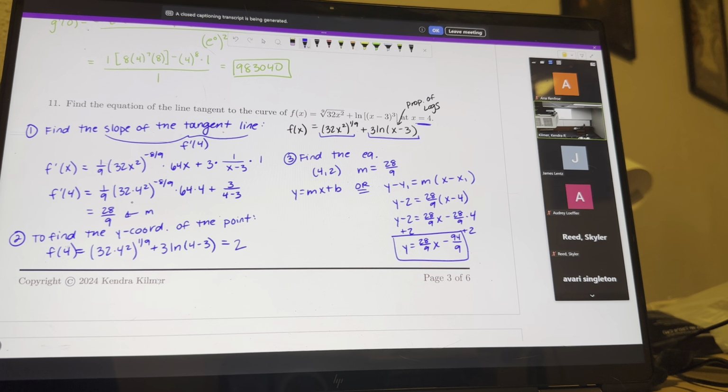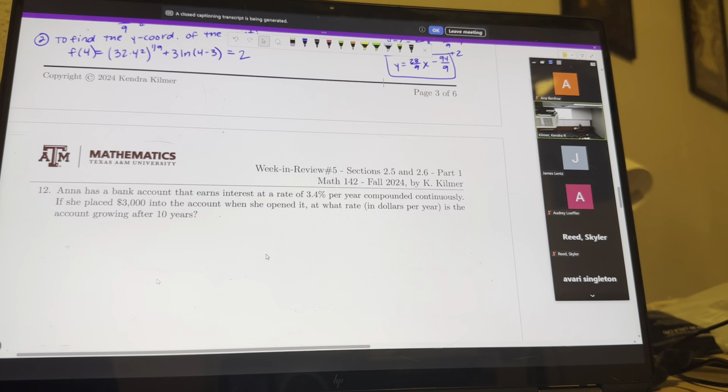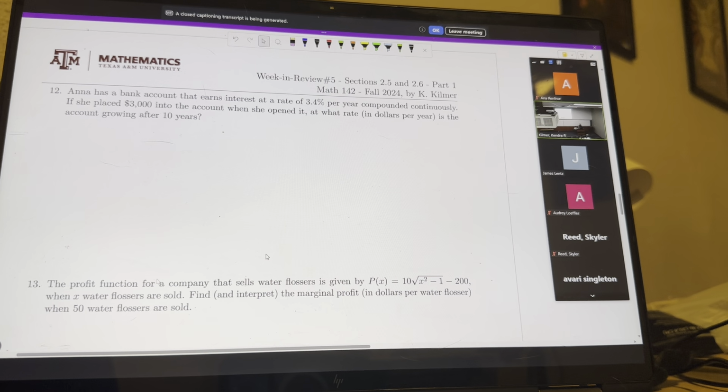All right, so I'm going to skip over 12 and 13. They're just some more applications similar to what we saw last week. The only difference is now we're having to use the chain rule to find the derivative, but the application itself is fairly similar. One thing I will mention on 12 really fast, I believe this is similar to a computer homework problem.